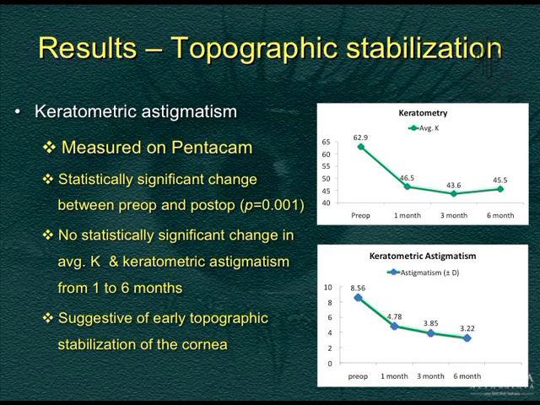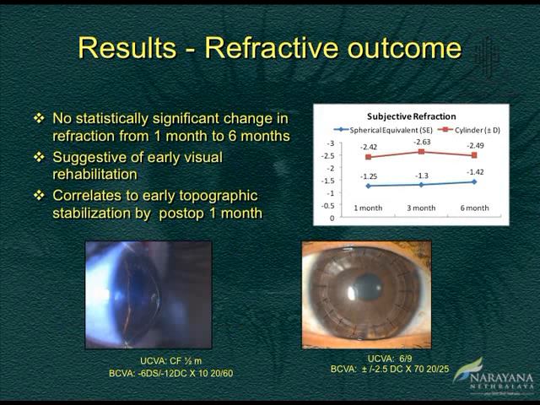In our study we found that from pre-operatively, as you can see in the first part of the graph, it comes down to almost 46, and this is maintained by 1 month. Hence, the patients are stabilized topographically within a month, which is a wonderful thing. The refractive stabilization similarly is very predictable, and whatever we see at 1 month stays continuously forever.